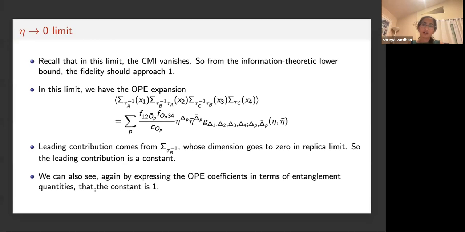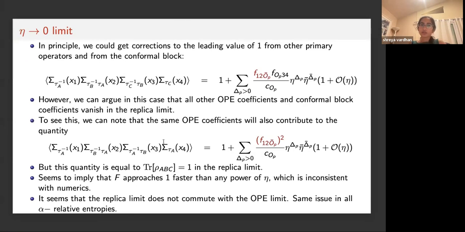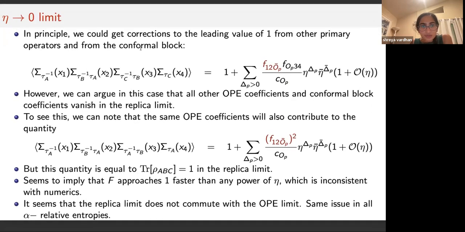But then in principle, we can get corrections to this leading value of 1 from other primary operators and from the conformal block. But now we can argue that all of these remaining contributions should just go to 0 in the replica limit. The way that we can argue for this is that we have a certain 4-point function of 4 twist operators, which are all different from each other.